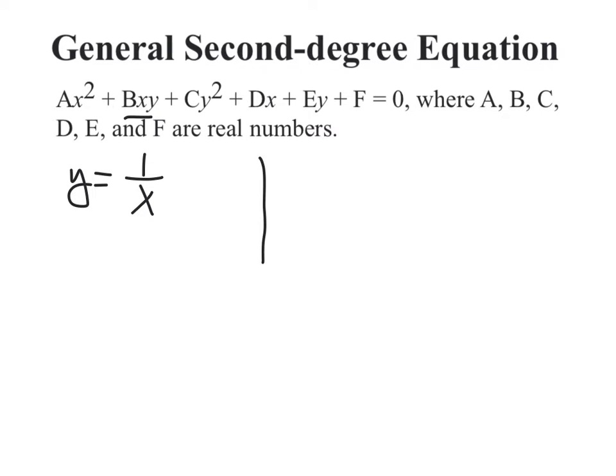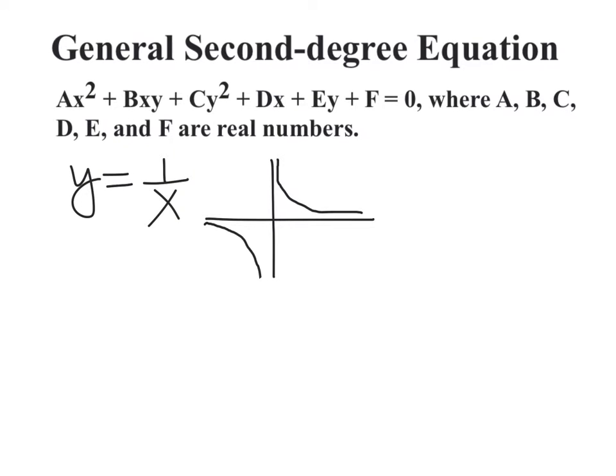And the graph of it: we have a vertical asymptote at x equals 0, a horizontal asymptote at y equals 0, and we get, well, if I could draw, well, that's at least a little bit better, but anyway, this graph is fairly familiar to us.